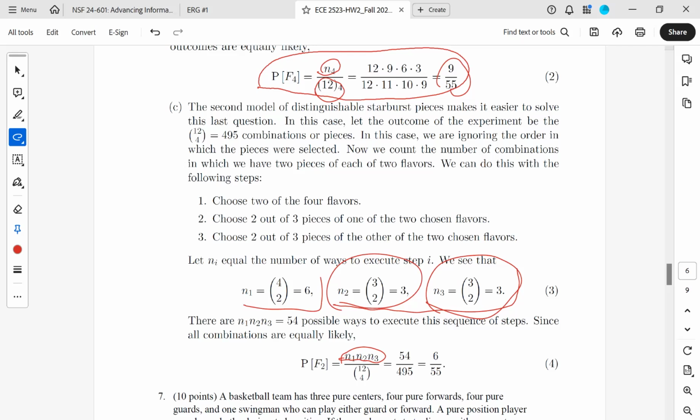So this way, you can calculate having exactly 2 candy of 2 flavors. Are we clear on that? Please pay attention to the terminology. Each word has a huge weight on how you approach the solution, okay?